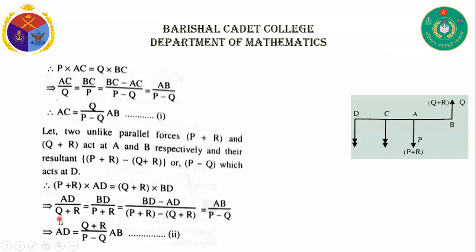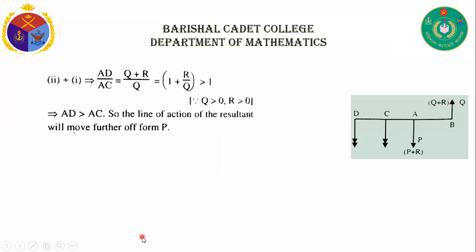So AD by Q plus R equals BD by P plus R. Again taking the difference, BD minus AD equals P plus R minus Q plus R. So R cancels, and it is AB by AD. So AD equals Q plus R divided by P minus Q into AB.